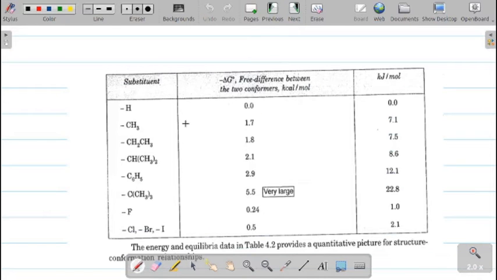Here you can see that if the substituent is methyl in the cyclohexane, then minus delta G naught is 1.7.